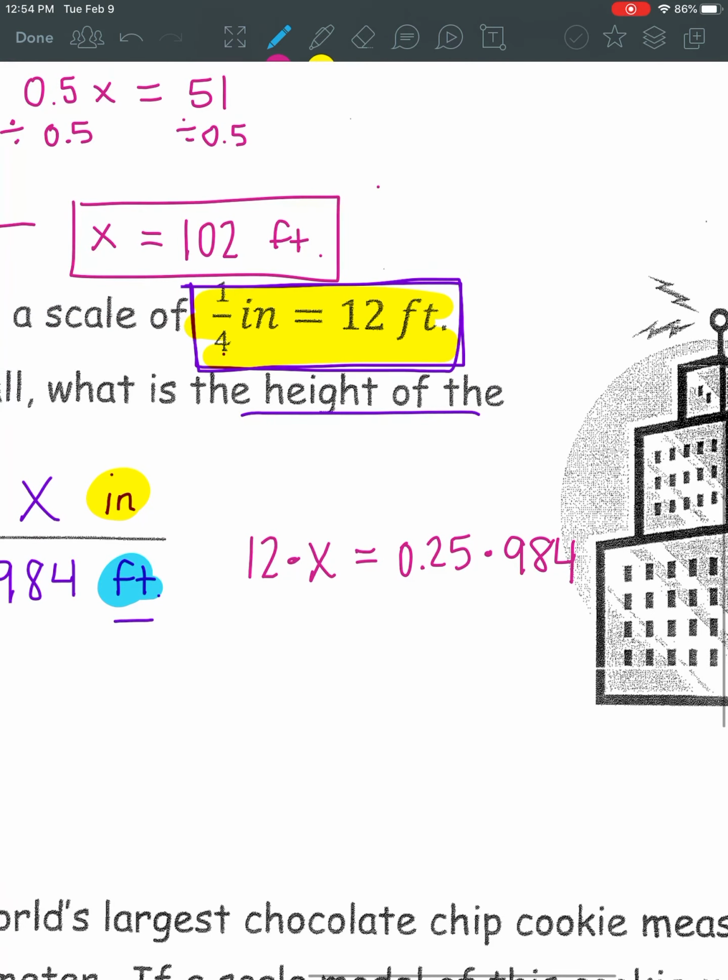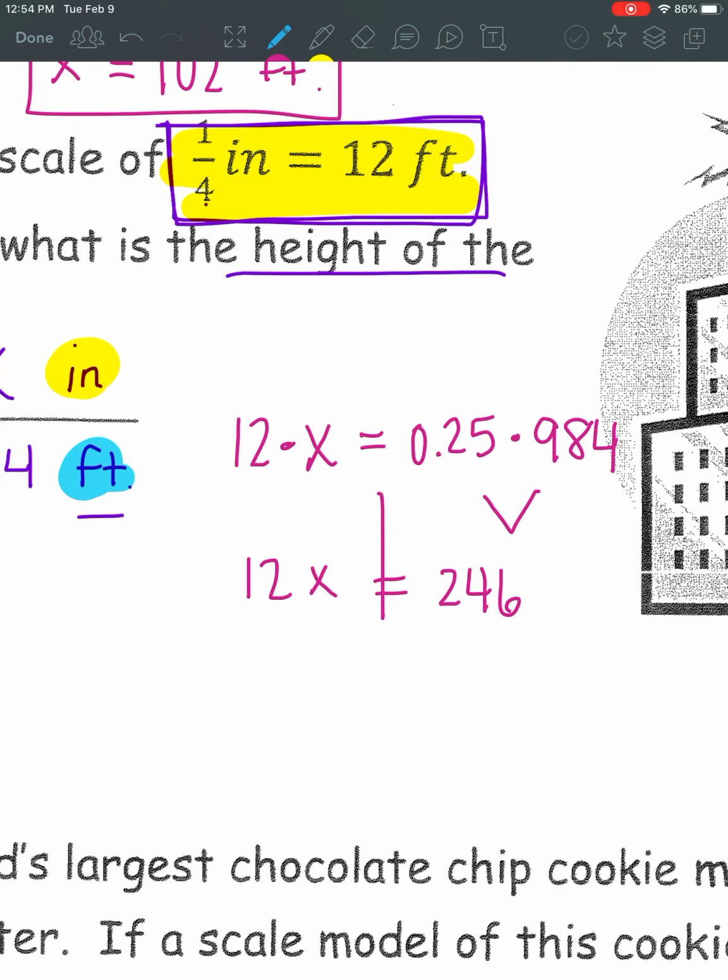So now we're at just solving an equation. So 0.25 times 984, we can do, that is 246. 12 times x we cannot do because we don't know what x is, but now we can solve for x. Get rid of the 12 by doing the opposite operation, divide by 12. So 246 divided by 12 is 20.5.